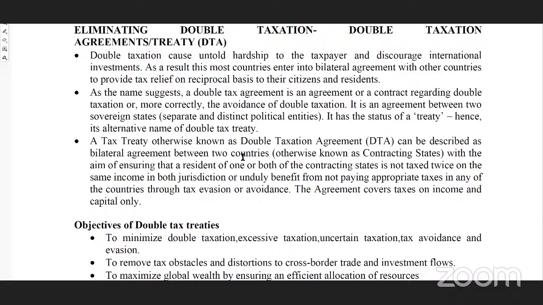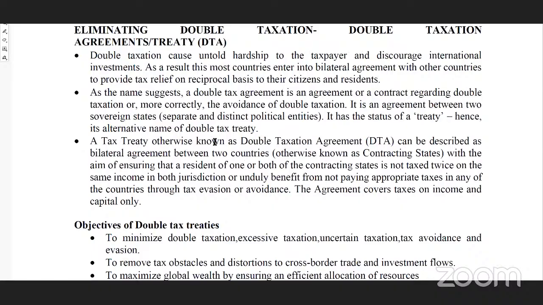Okay, so we saw these ones. Now we look at the other way of relieving people from double taxation, and that is entering into agreement with other countries, and that is the use of the double tax avoidance agreement or arrangement, the use of the DTAs.